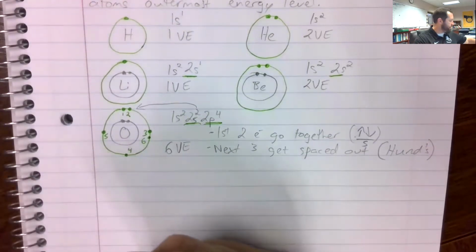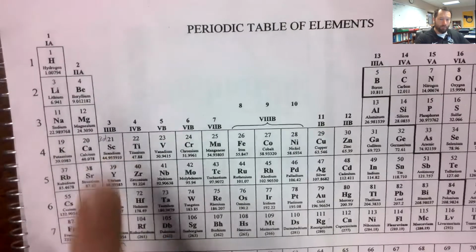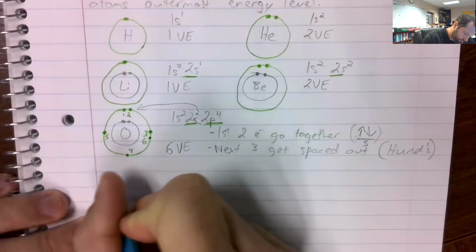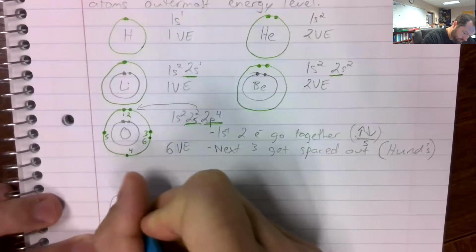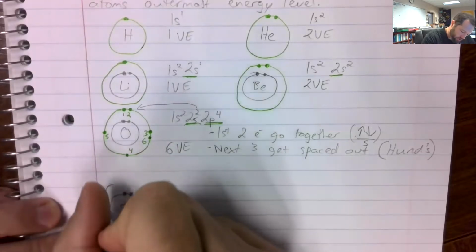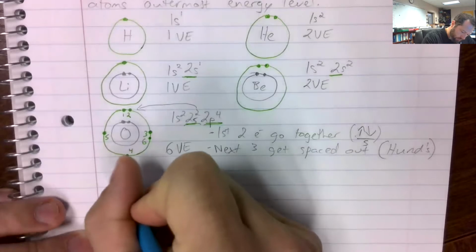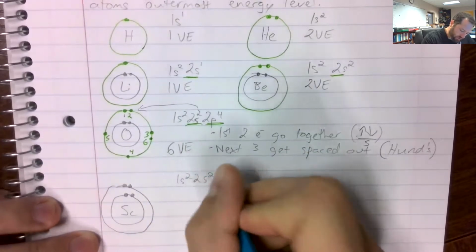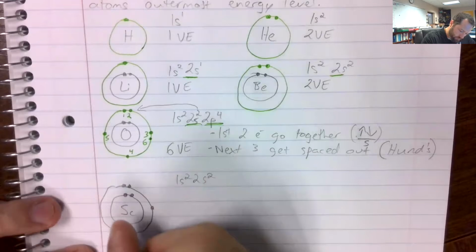All right, so next up, I'm going to skip down a little bit, draw a slightly bigger atom. I'm going to skip to scandium. Like pretty much everybody else, that first energy level gets closed off for scandium pretty quick. Moves to the second. So this helps 1s2, 2s2, then we go 2p.